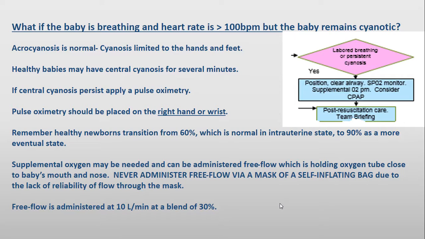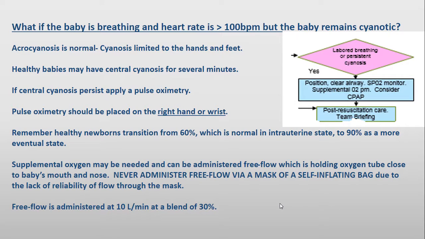So acrocyanosis is normal. Acrocyanosis is limited to the hands and feet. Most babies, because of the in utero oxygen saturation level, take a little while for the hands and the feet to pink up. So acrocyanosis is different than persistent central cyanosis. Healthy babies may have central cyanosis for several minutes.